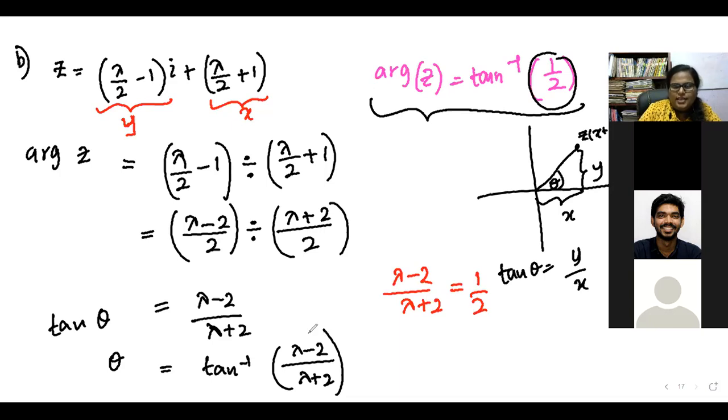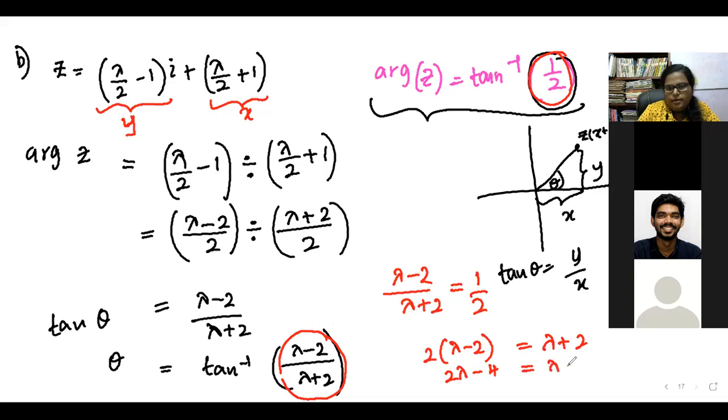So you can see we are equating these two tan inverse terms together. So by using this one, we can solve for lambda. 2 into lambda minus 2 equals lambda plus 2. So 2 lambda minus 4 equals lambda plus 2. So we get the result by solving this one: lambda is equal to 6.